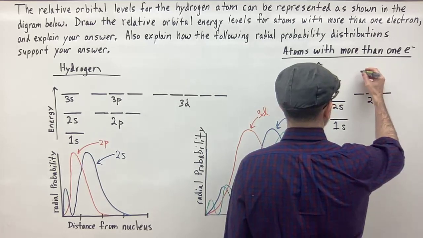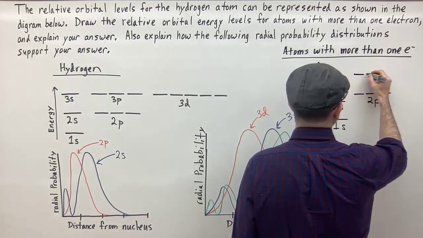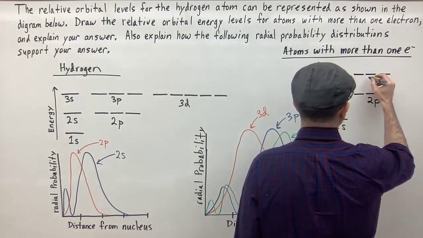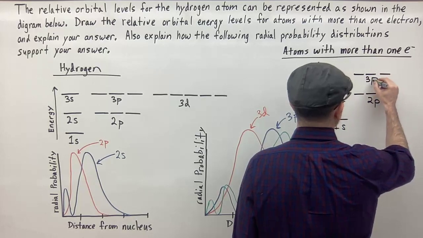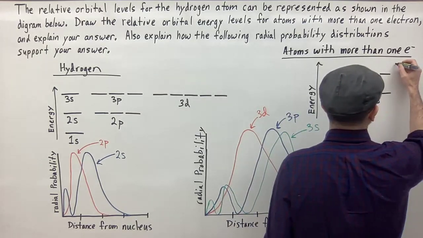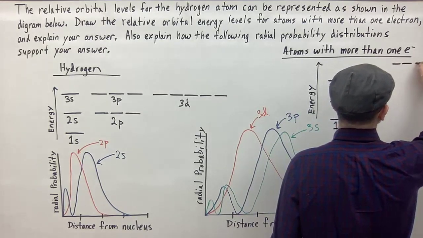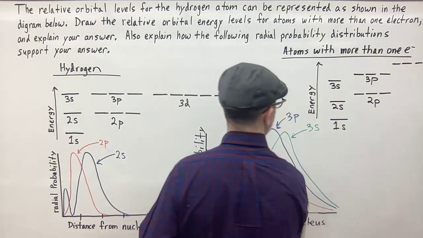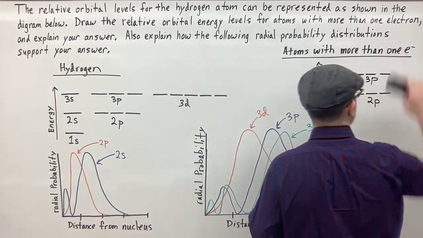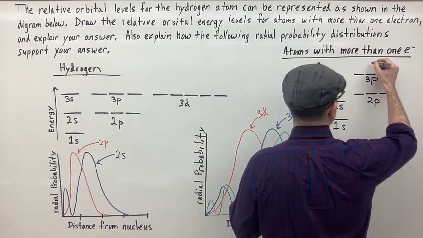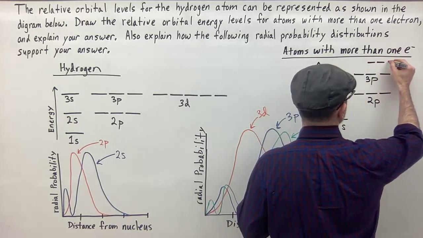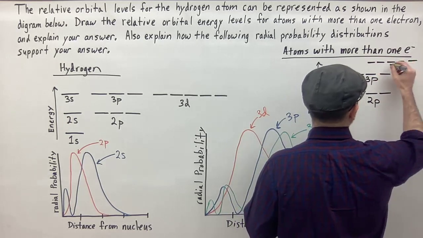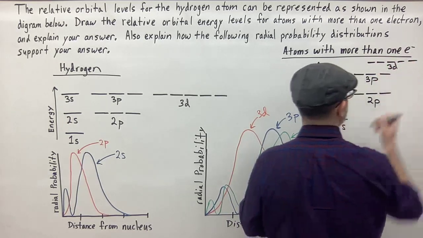So the 3p is going to be higher than the 3s, and then the 3d is going to be higher than the 3p. Let me move this over so I have room. So I'm going to write this 1, 2, 3, 4, 5. That's the 3d.